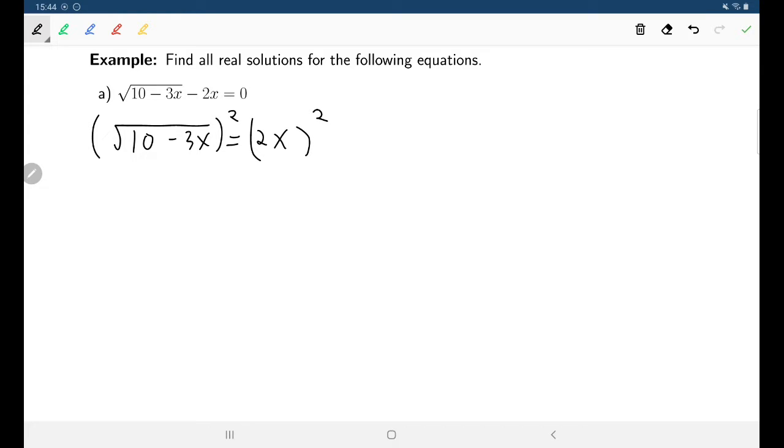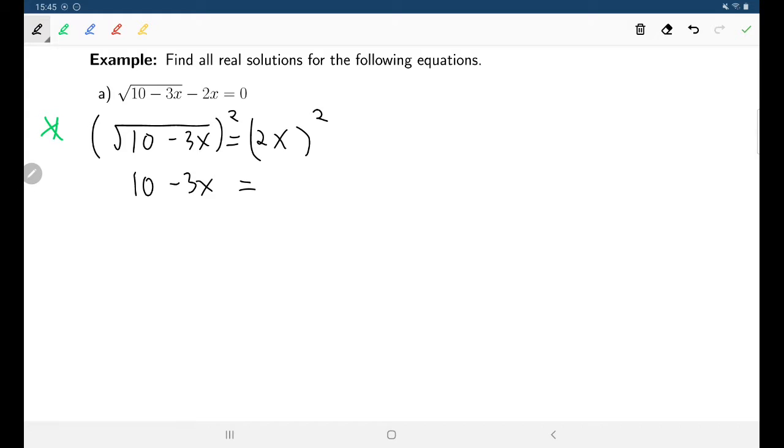And so that's our warning to ourselves. If you're ever raising both sides of the equation to an even power, squaring, fourth power, sixth power, that's a place where you're going to need to remind yourself that you need to check your solutions when you get to the very end. So when I square the square root of 10 minus 3x, the root is gone.